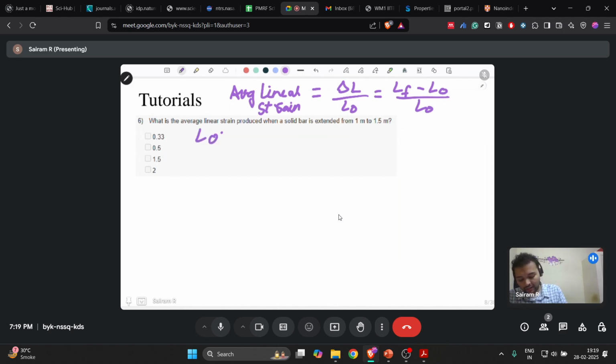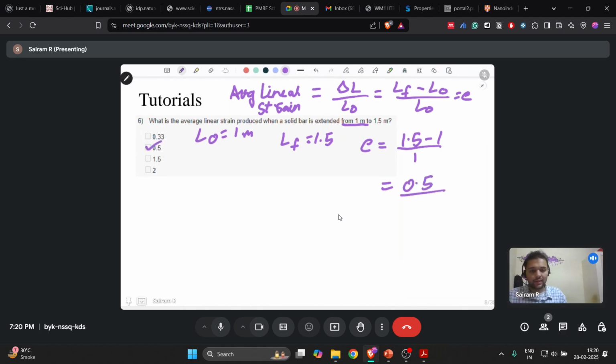Here the initial length is 1 meter because this 1 meter bar is extended to 1.5 meters, so the final length will be 1.5 meters. So the strain e is 1.5 minus 1 by 1, which gives us the value of 0.5. So the answer is 0.5.